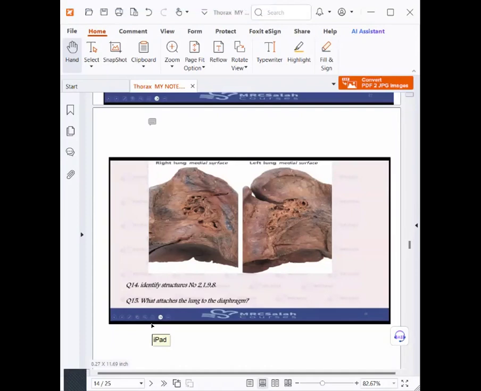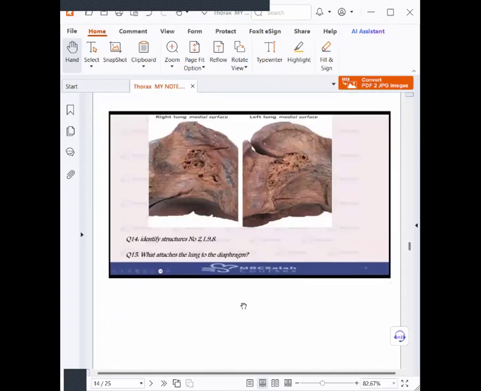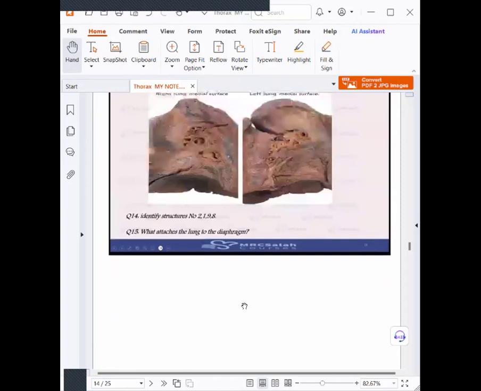Here is the number 8. On the left lung, number 8 is the pulmonary ligament. What attaches the lung to the diaphragm? Pulmonary ligament.